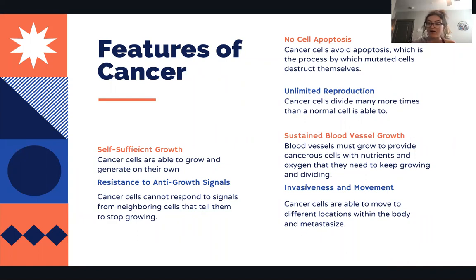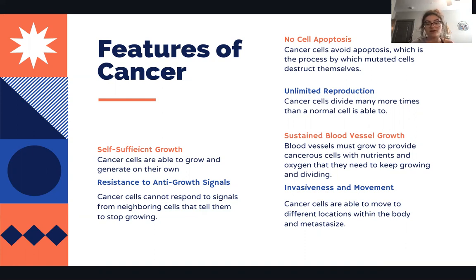So the second thing on this list is that cancer cells are resistant to anti-growth signals. In a normal cell, if it receives an anti-growth signal, it will stop growing, stop reproducing, stop dividing. And this helps control unchecked cell growth, which is normally a good thing, because if a cell has divided too many times or it's getting old or the DNA has mutated, it's a good thing for it to stop growing so that other cells around it don't become affected.